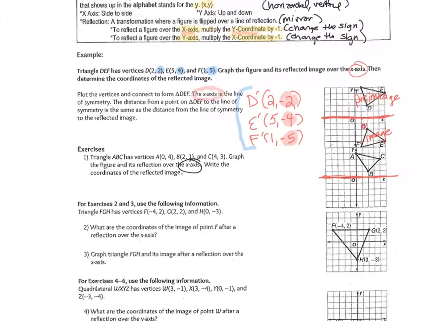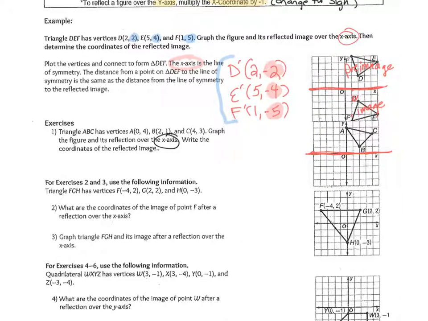It's a little bit different if you have a graph, because then all you have to do is look at each point and see how far away they are from your line of reflection or your mirror. So like B is just 1 point away from our mirror. So over that line of symmetry, I'm going to put B prime, my new B, 1 point away from my line of symmetry.